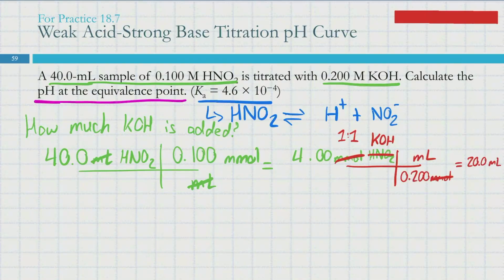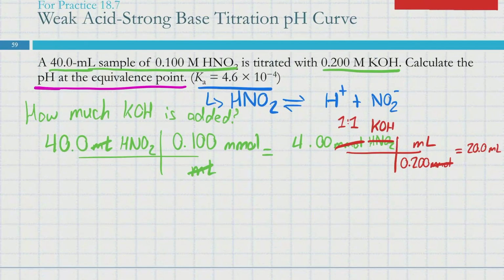So the ice table that we're doing is to calculate the concentration of hydroxide. We're going to have NO2 minus floating around in solution. That's going to behave like a weak base. So we'll have hydroxide and we'll have a little bit of nitrous acid also reforming.